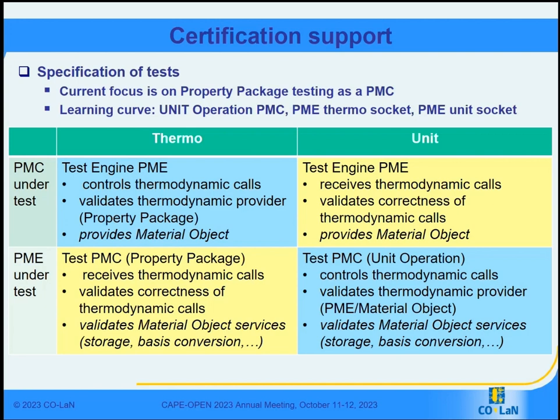And the main problem in the preparation of this certification test was actually the variety of different scenarios to be considered, or to be at least accounted for in the future, depending on which components.